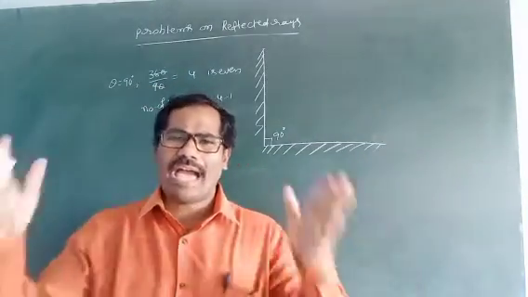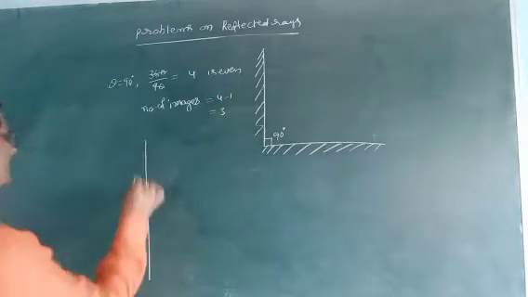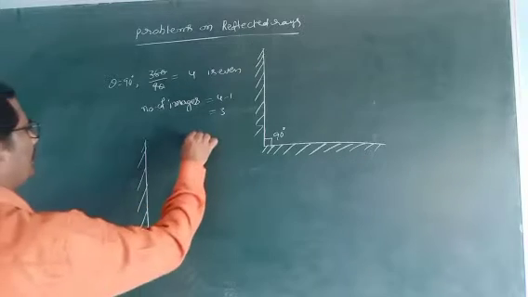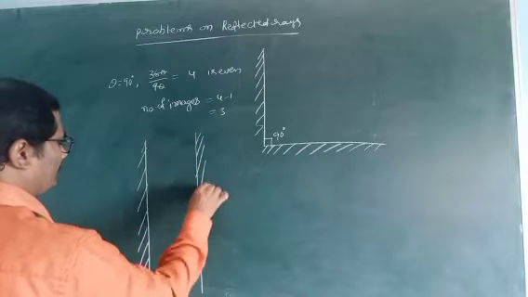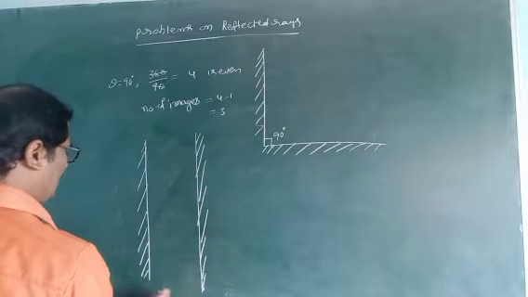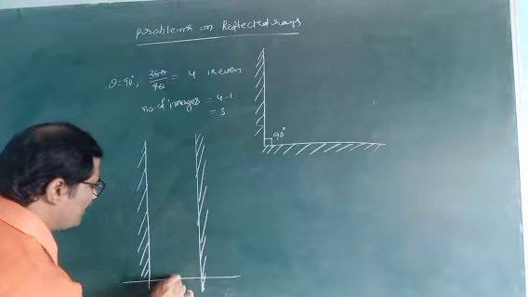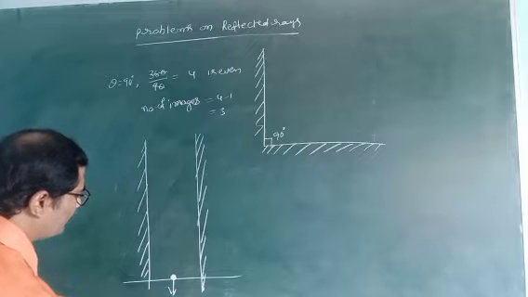In the case of parallel mirrors, that is the first mirror and that is the second mirror, with the object placed in between them.